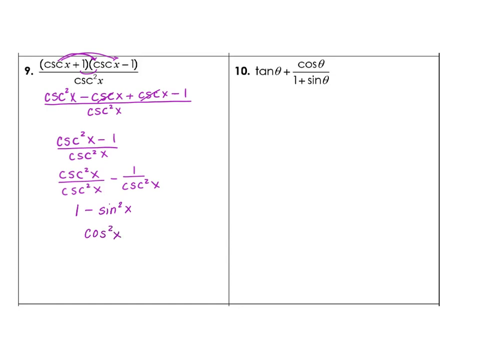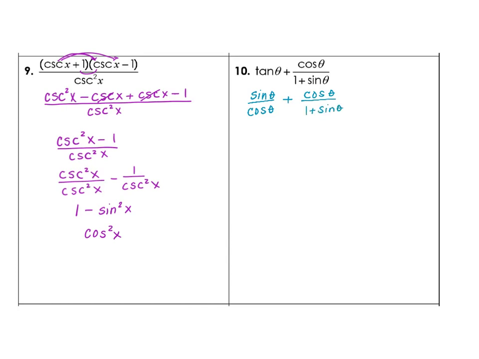Okay, for number 10, since most of this is already in terms of sine and cosine, let's go ahead and just rewrite tangent to be sine of theta over cosine of theta. And then we're going to add that over here, and we will go through and add these fractions together by doing our cross multiplying.